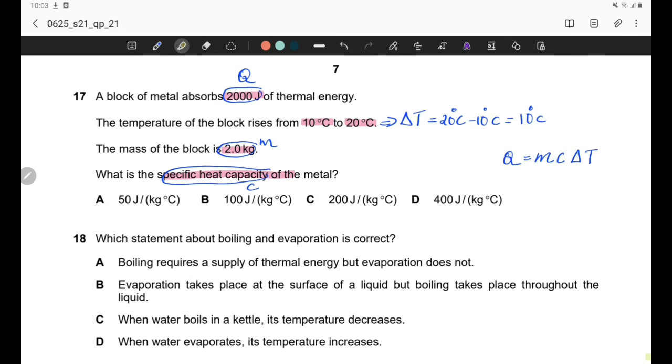In order to calculate the specific heat capacity C, we can make C the subject of the equation. So C is equal to thermal energy Q over m delta T, which comes to the denominator. We can substitute the values: 2000 over the mass, which is 2, times the change in temperature we have calculated, 10 degrees, and the answer is 100. Therefore the correct answer is option B.